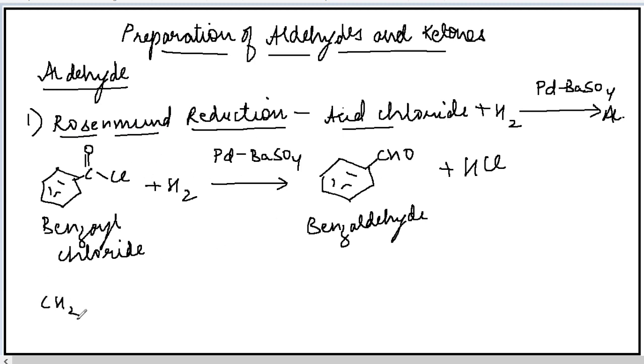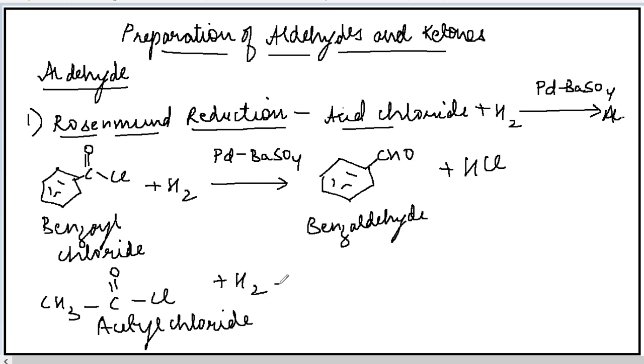Look at the reaction. This is acetyl chloride. It is again an acid chloride but of aliphatic nature. It undergoes reduction in presence of palladium on barium sulfate, and as a result aldehyde is produced.